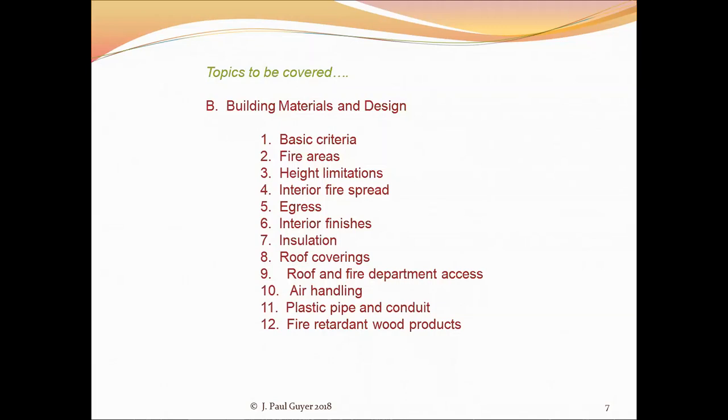Important considerations here in building design and in siting the building are access for the firemen to get to the roof of the building and to get to spaces in the building where the fire may have broken out.